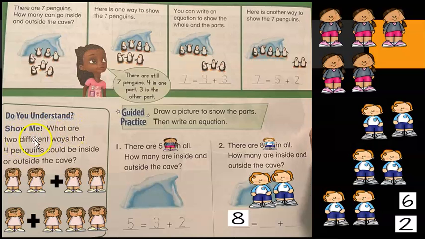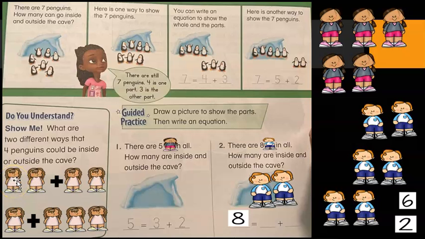What are 2 different ways that 4 penguins could be inside or outside the cave? Now, instead of penguins, we have some girls here, okay? Let's look at this because it's very good to look at different pictures so that way you can really see it, okay? Now, first graders, look.